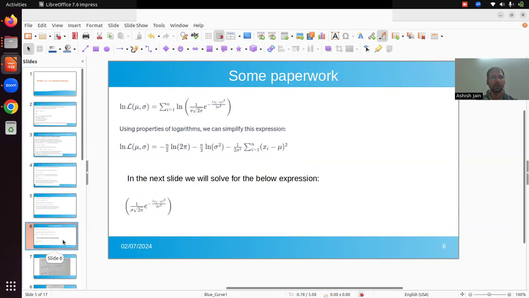Now we'll do some paperwork and prove it to ourselves that this actually turns out to be the case, that when we solve this logarithm, we actually get this expression.